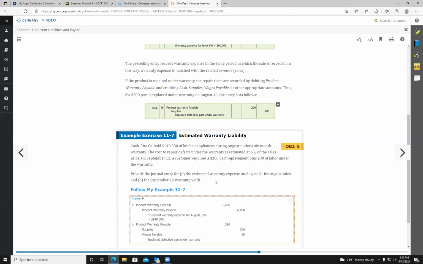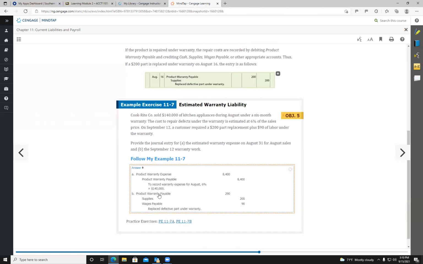So the kitchen appliances were sold for $140,000. The estimated warranty is 6% of the sales price. So instantly we're going to take 6% of the 140, and record that warranty expense and set up the warranty payable. Now, on September 12th, the customer required a $200 part replacement plus $90 of labor under the warranty.